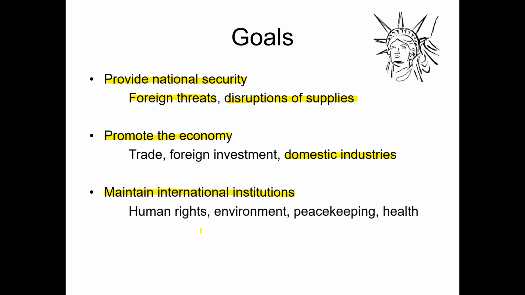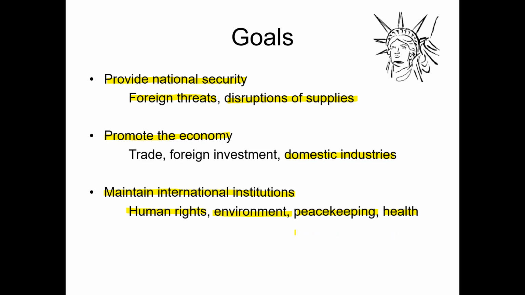These are organizations created by the states for the most part in order to delegate issues for them to focus on, such as human rights, the environment, even peacekeeping operations and health operations as well.